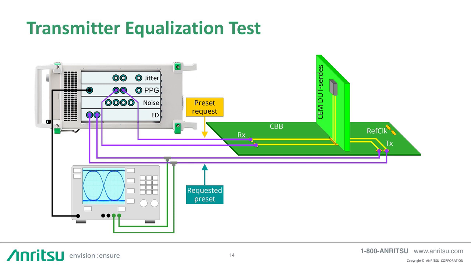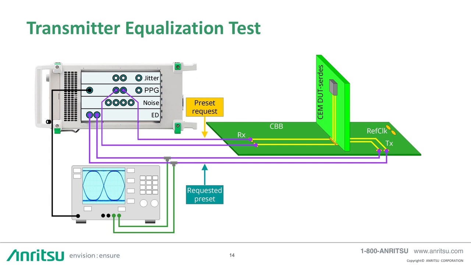The software is called SIGTest, and it must run on the oscilloscope. The BERT pattern generator sends requests to the device under test, the DUT transmitter, through the PCIe physical layer logical sub-block protocol. The BERT pattern generator sends requests to the DUT SerDes for every FFE preset at every PCIe data rate.